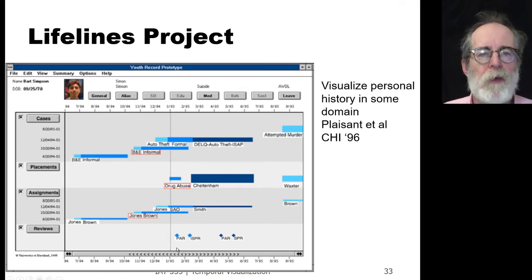And the contribution of the Lifelines project isn't the fact that there is a timeline, it's the creation of an organizational schema that you can use to take the sequence of events, categorize them, organize them, see how they line up in time, and also see how events down here in a review influenced events up above in some other way.